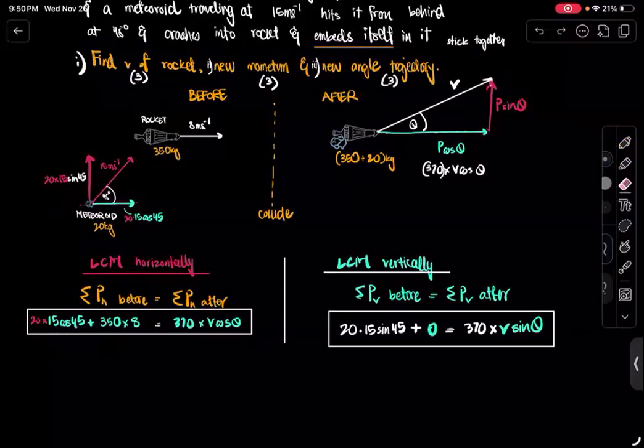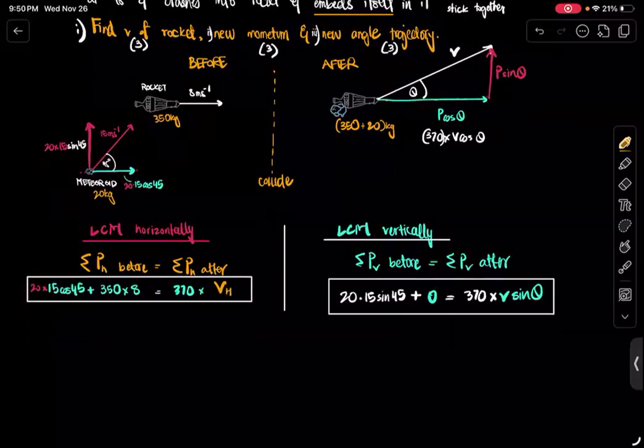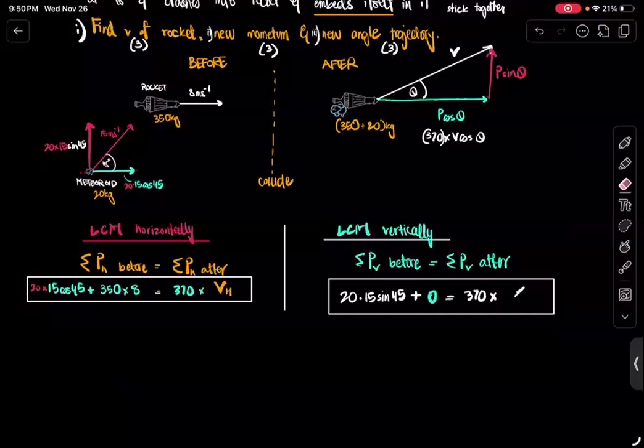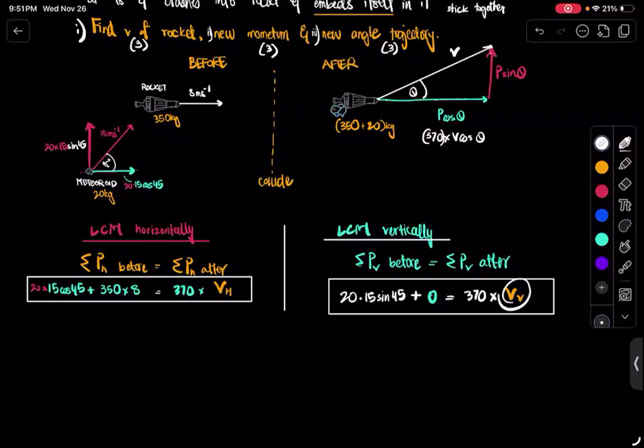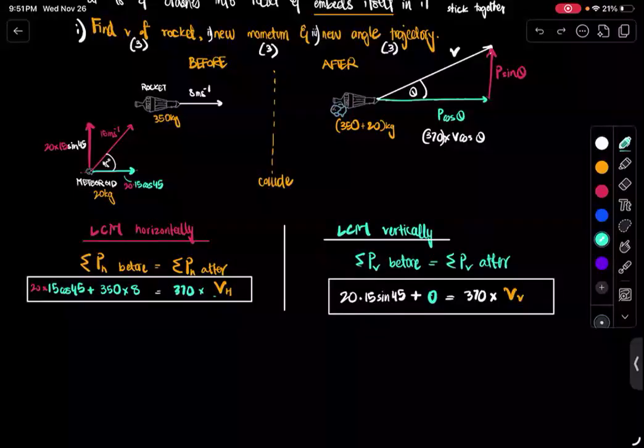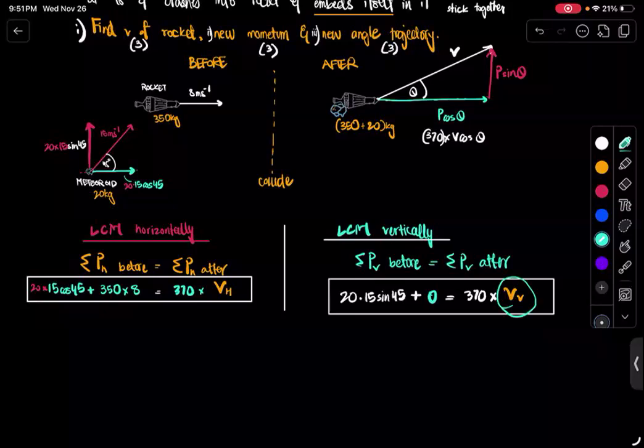How about rather than saying V cos theta, I can just call this VH. Rather than saying V sine theta, I can just say that is V vertical, right? And can I find out the horizontal and vertical components of velocity? The theta part comes later, but I know that this will be the horizontal part and this will be the vertical part.